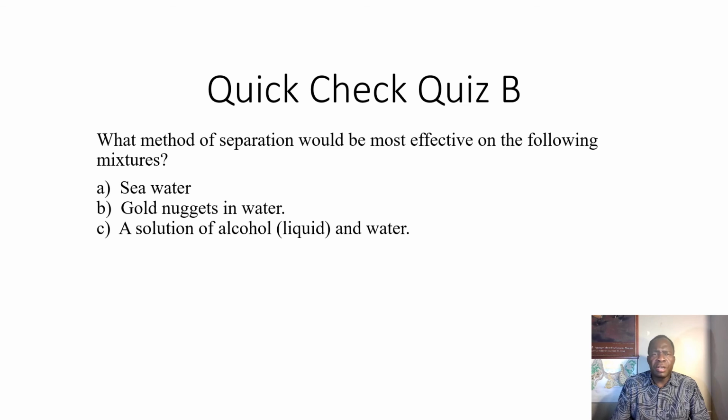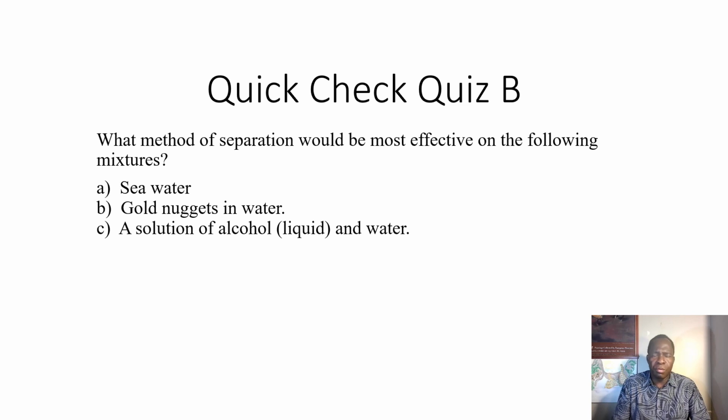So to finish this presentation, this is another quick check, quick check quiz B. What method of separation would be most effective on the following mixture? A. Seawater. B. Gold nuggets in water. C. A solution of alcohol and water.